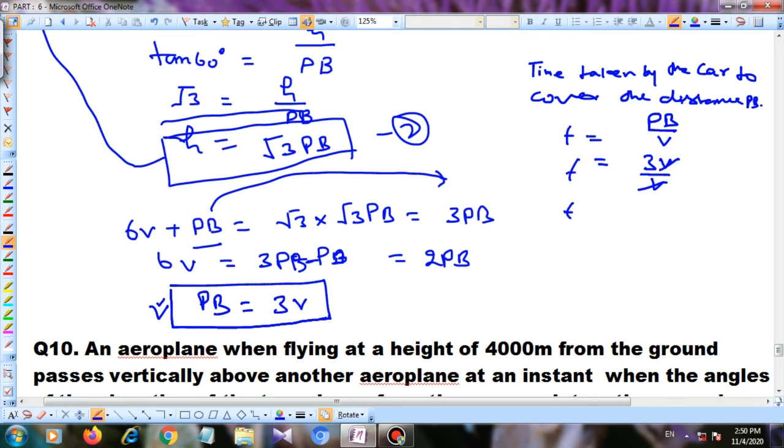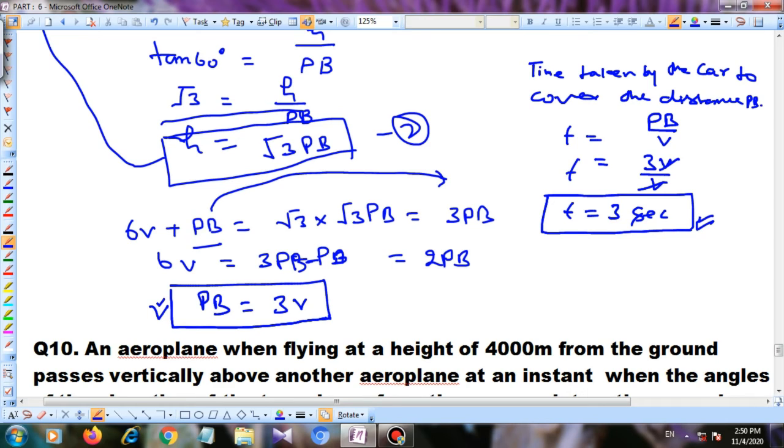So time equals 3 seconds. Clear? Then the car takes 3 more seconds to reach the foot of the tower, which is your required answer.